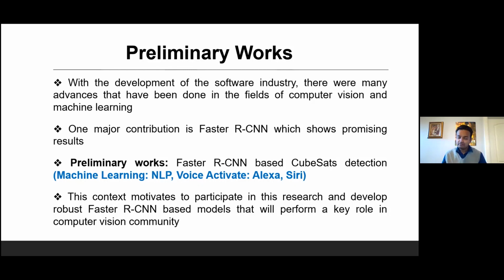So second step, I did preliminary studies to understand my data. Then I realized there is not much data available; there's no such close proximity detected CubeSat data in the industry. So in order to do this project, I needed to collect data.